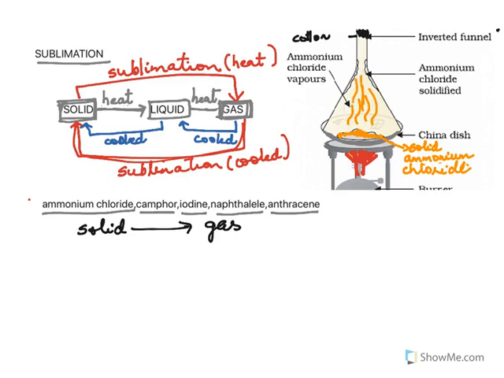These vapors of ammonium chloride rise up, and in this region they cool down, and you get solid ammonium chloride again here. So from the solid state it directly changes into a gaseous state, and again it cools down and becomes a solid.